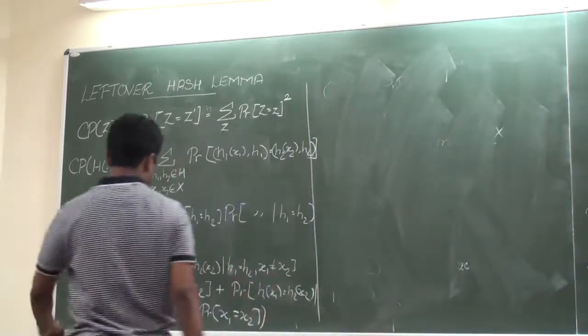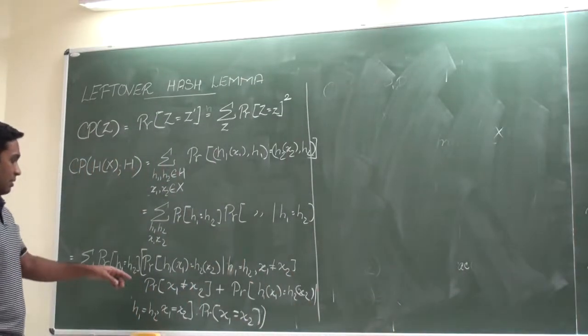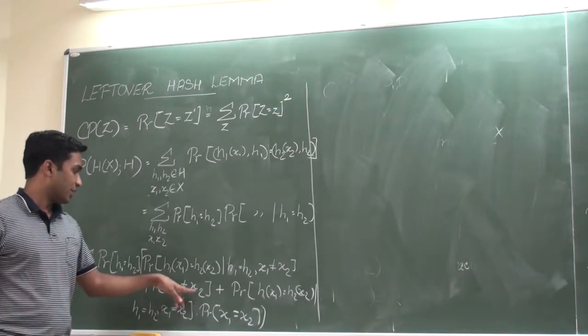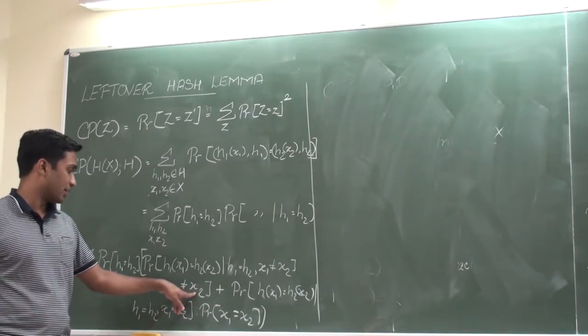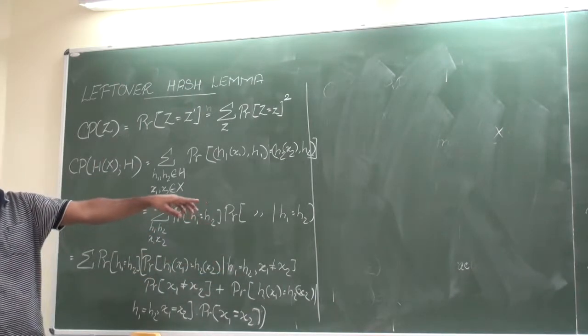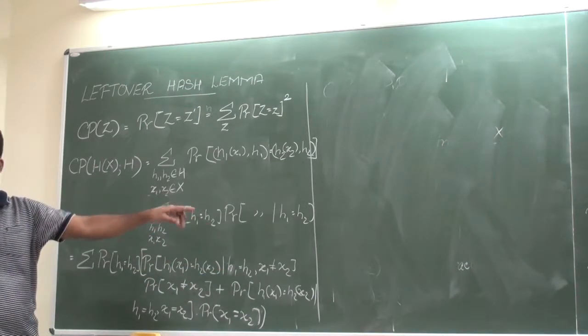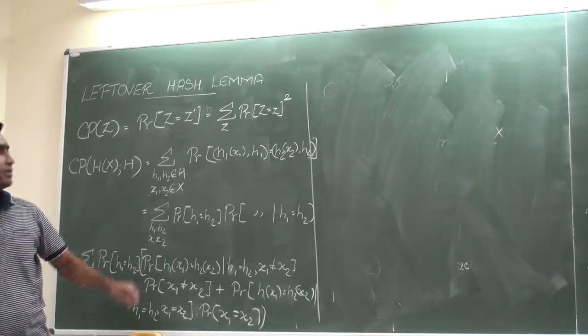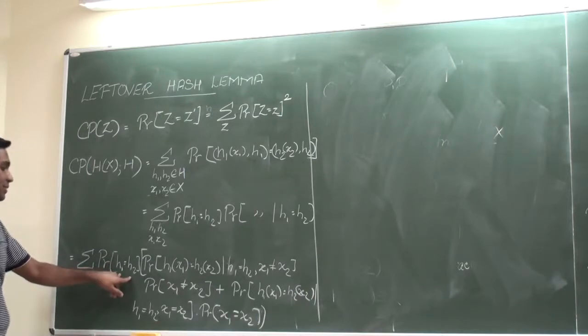Now, if h1 is equal to h2 and x1 is not equal to x2, we know that h is coming from a universal hash family. So this probability is bounded by 1 by 2 raised to n. And what is the probability that h1 is equal to h2?